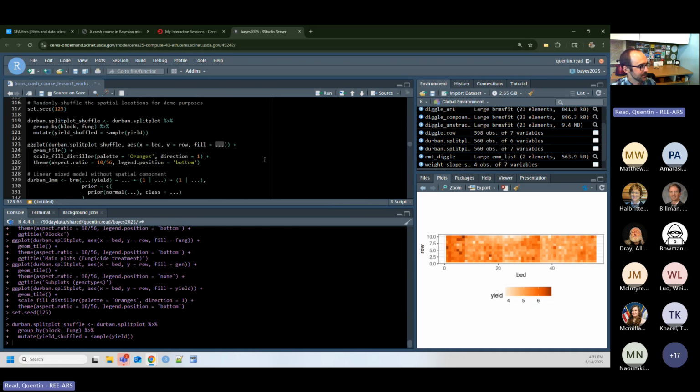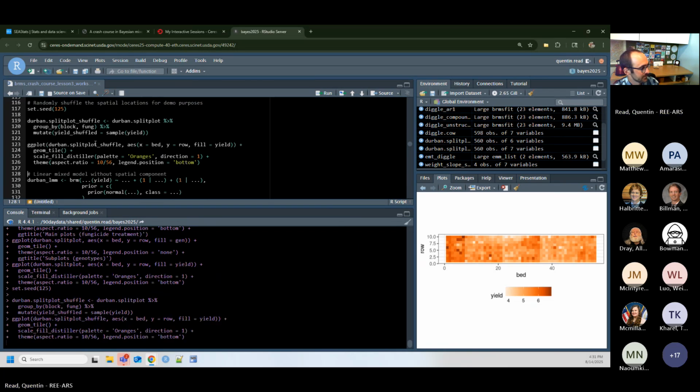And we're going to do fill equals yield again. Same plotting code, but using the shuffled yield values. What does it look like? Let me see. Yes, so yeah, wait a minute, that doesn't look different.